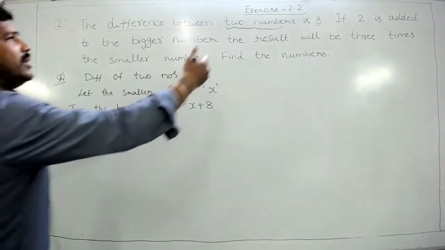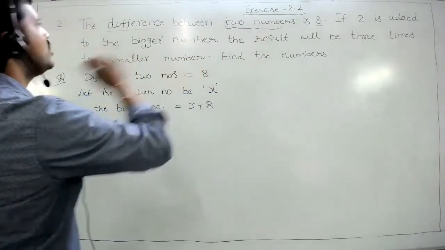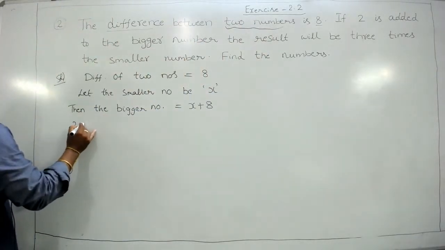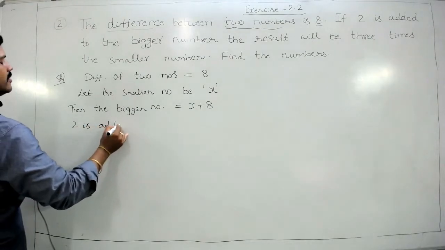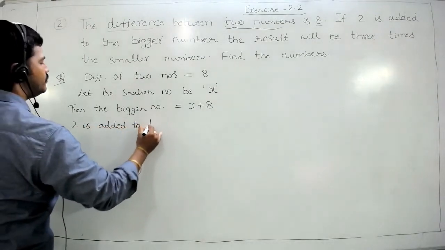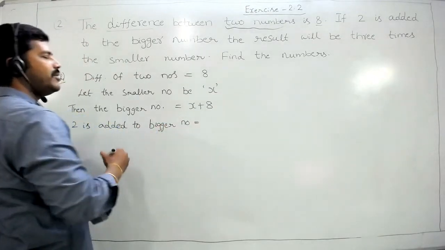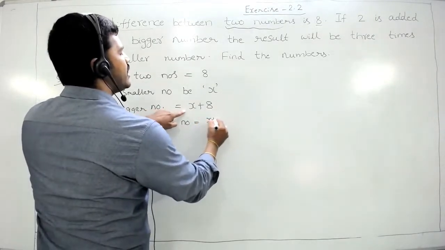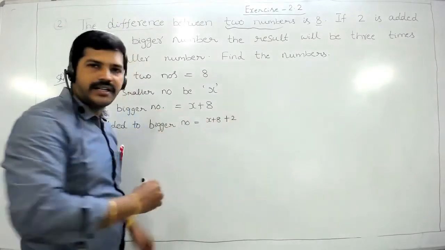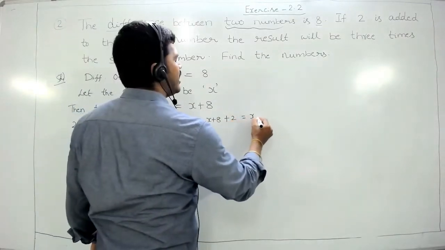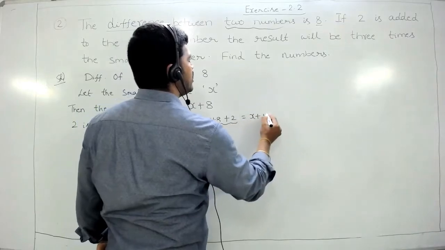Now continue. 2 is added to the bigger number. Then what will happen? The bigger number is x plus 8, and 2 is added, so that is x plus 8 plus 2, which is x plus 10.